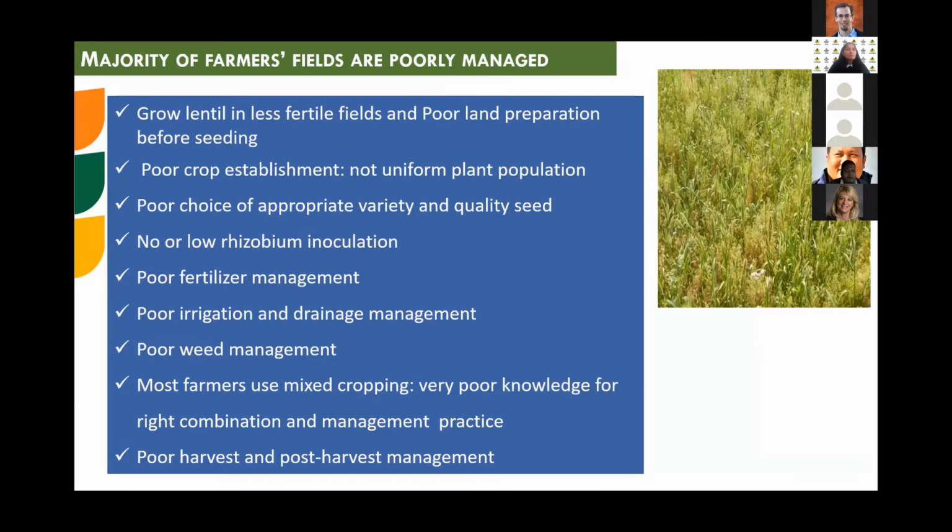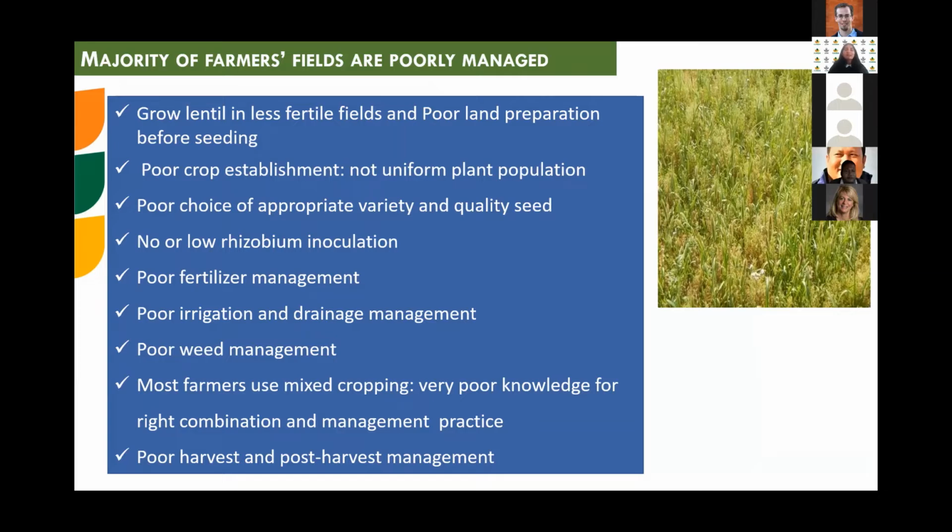At the same time, we know that the majority of farmers, as the previous presenter has explained, have really poor fields. I mean, the lentil crop performance you can see. So I have listed a few reasons: generally farmers grow lentil in less fertile fields and with very poor land preparation before seeding.